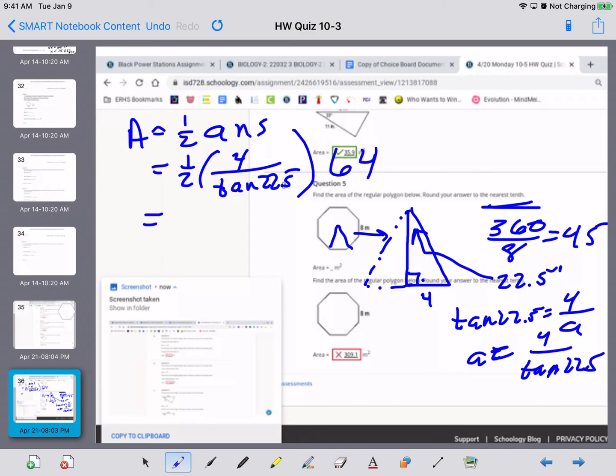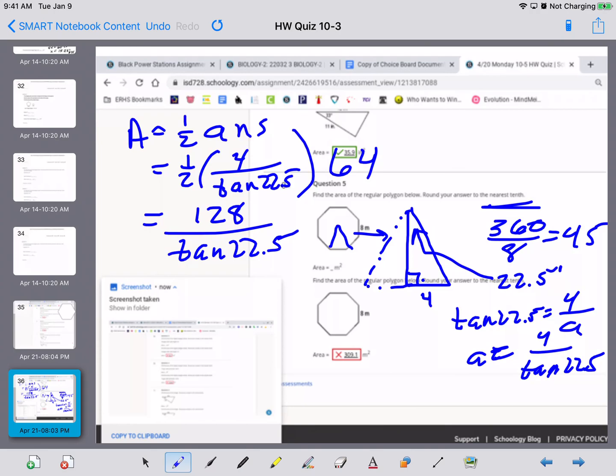So now I've got 128 on top, if I multiply that together in my head, divided by a tangent of 22.5. So I have 128 divided by a tangent of 22.5, and I get 309.01.